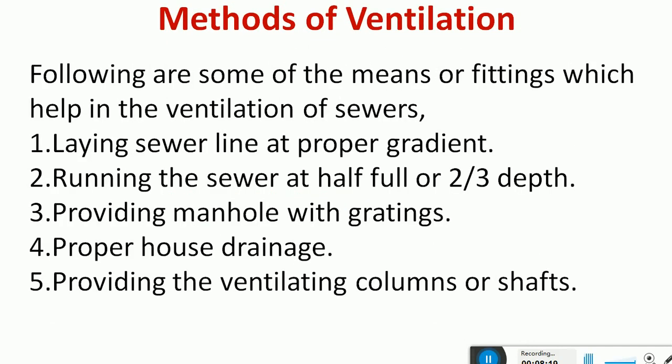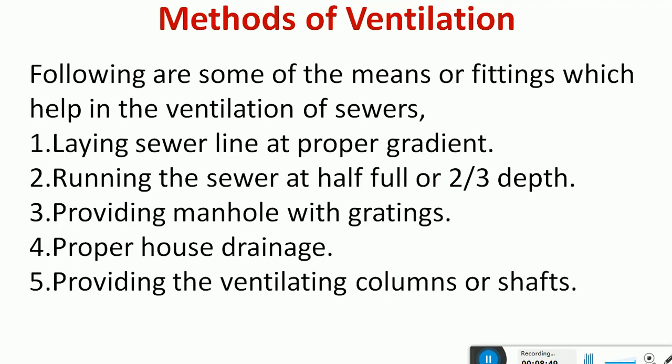What are the different methods of ventilation? First and foremost, we should lay the sewer line at a proper gradient, and the sewer should be run at half full depth, so that in the remaining portion there is some space for air circulation. And we have to provide manholes with gratings. At many places you might have seen that the manholes have gratings above the cover, so that it provides some ventilation.